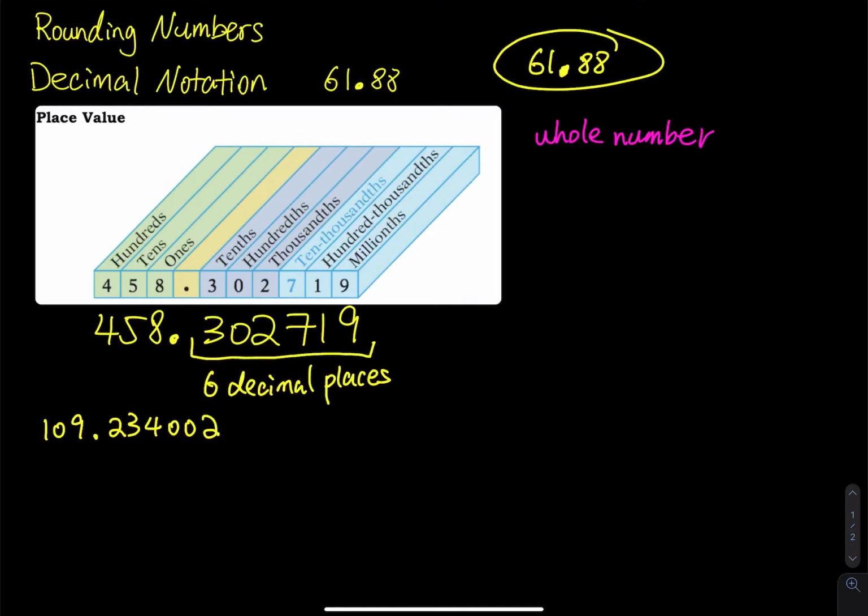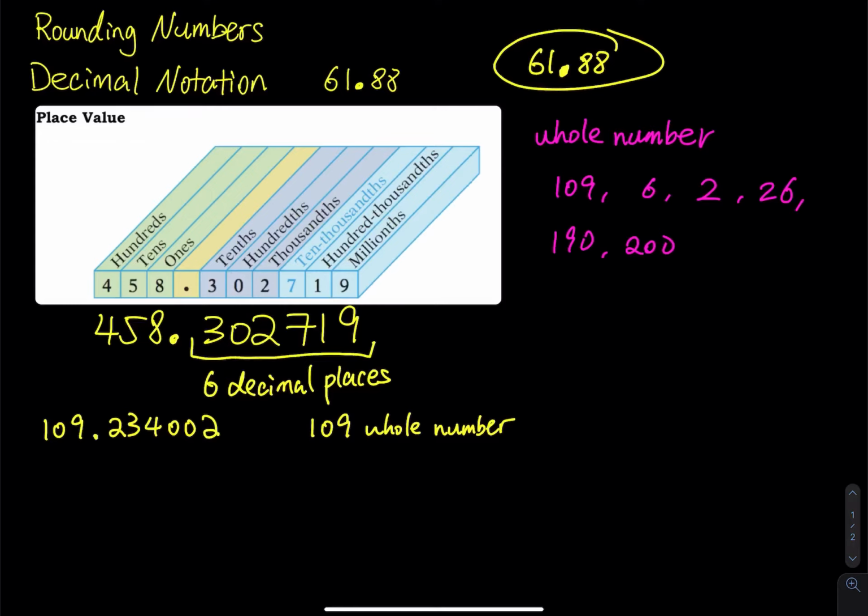Whole number means like 109, 6, 2, 26, 190, 200, they are all whole numbers. So how do you write this as a whole number? We have 109. We don't need any decimal.